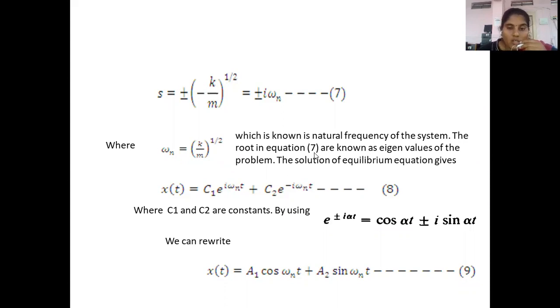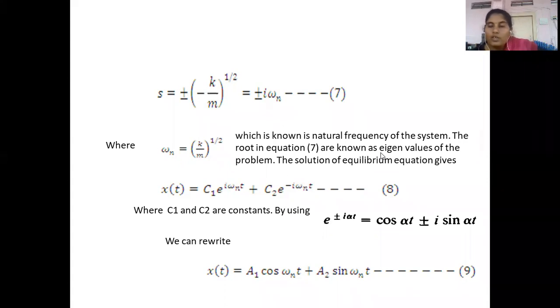The roots in equation 7 are known as eigenvalues of the problem, and the solution of the equilibrium equation gives x of t in terms of s1 and s2.